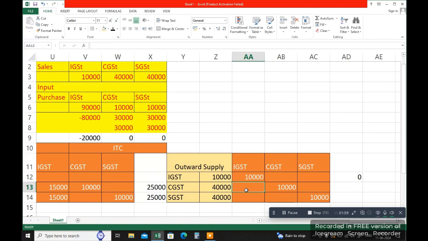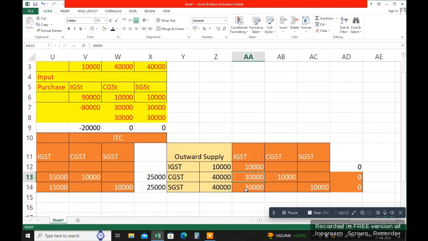So I say about 30,000, I'll put 30 and 40, correct? 30,000 I utilize here, this becomes 0. Again I'll utilize 30,000 here, and this becomes 0. Understood how to make it? So 60,000 is utilized here, total 70,000 is utilized here. It's 80, 90, so 20 balance is left. So this is the way the GST is calculated.